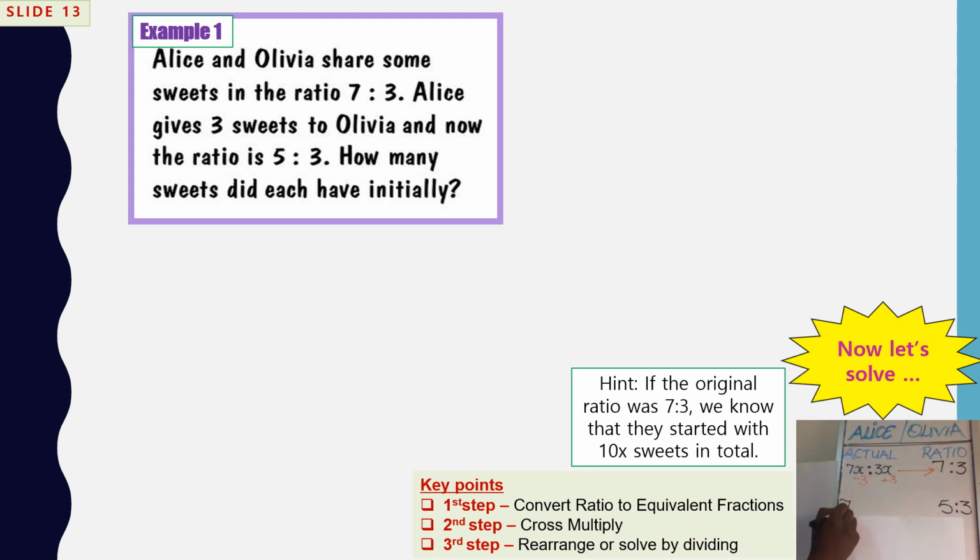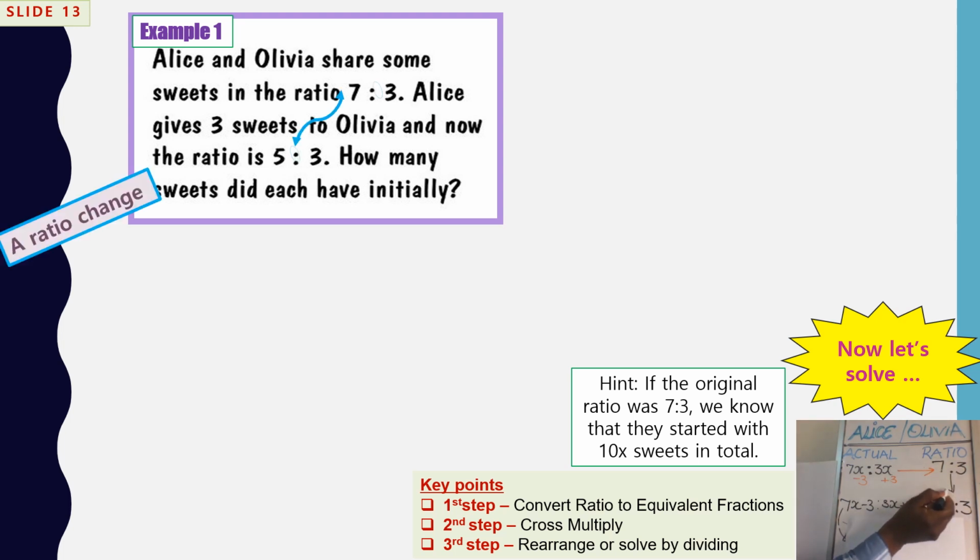So we have a new ratio here, which is 7x minus 3 is to 3x plus 3. After the sweets transfer, there is a change in ratio from this to that, which also affects a corresponding change in the actual number of sweets from this here to that.